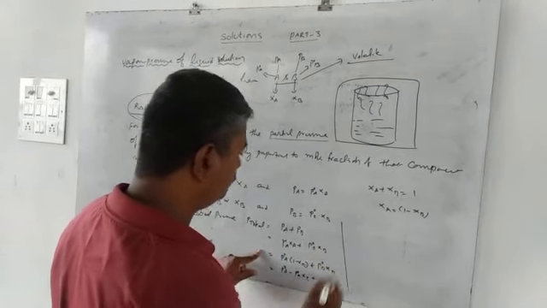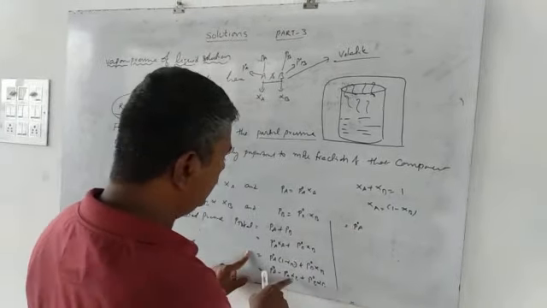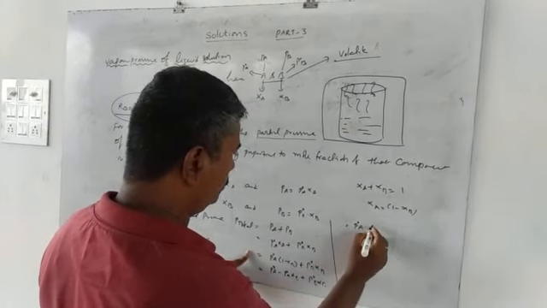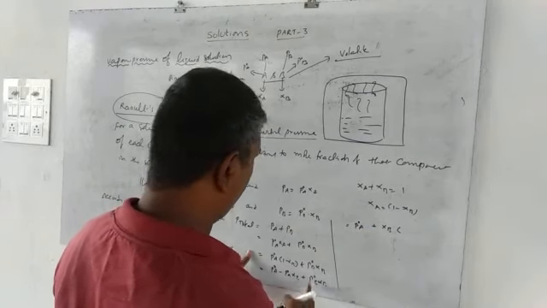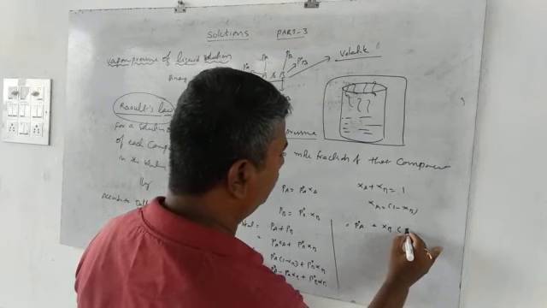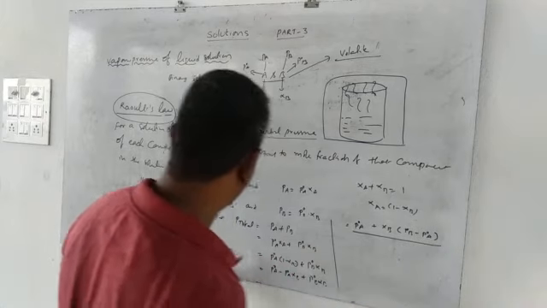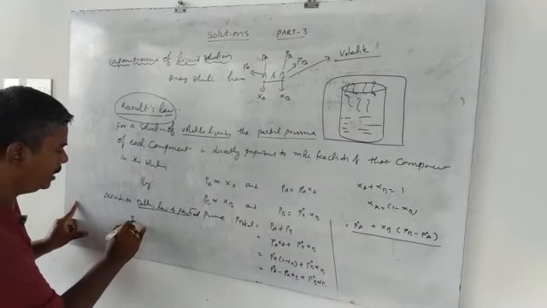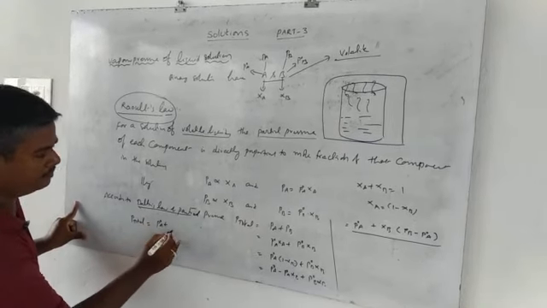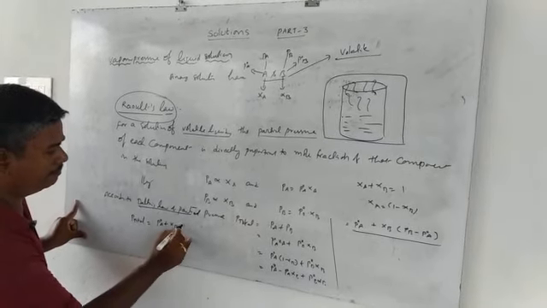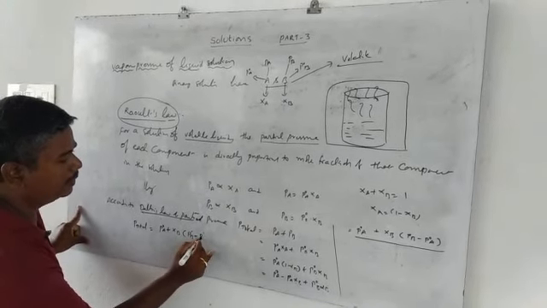That will be written as P naught A plus XB is common, so we take it out: XB into (P naught B minus P naught A). So finally we got P total equals P naught A plus XB (P naught B minus P naught A).